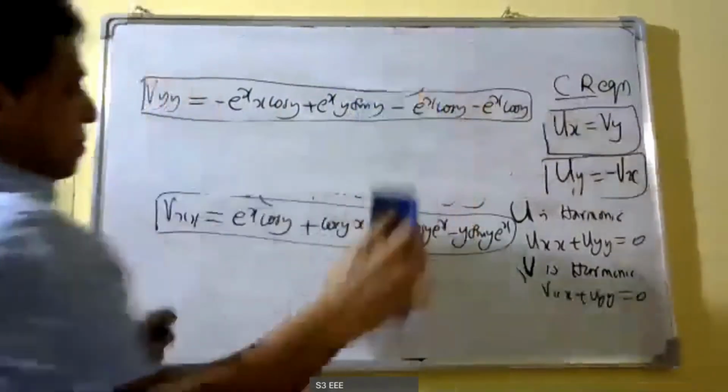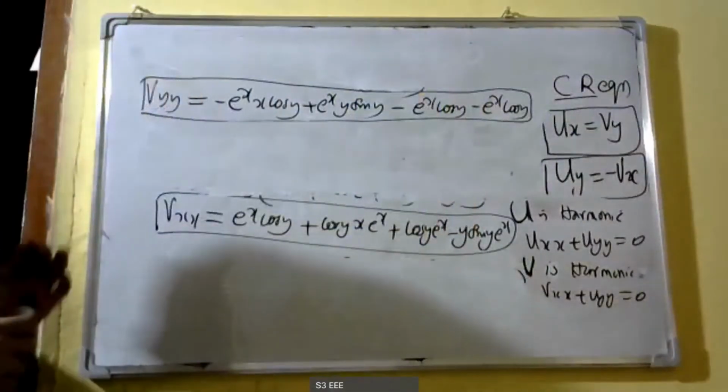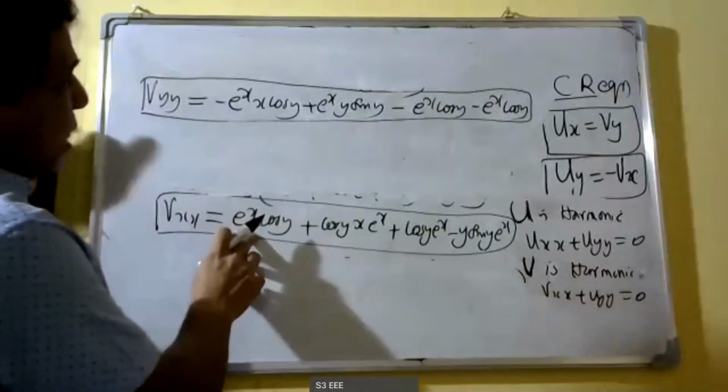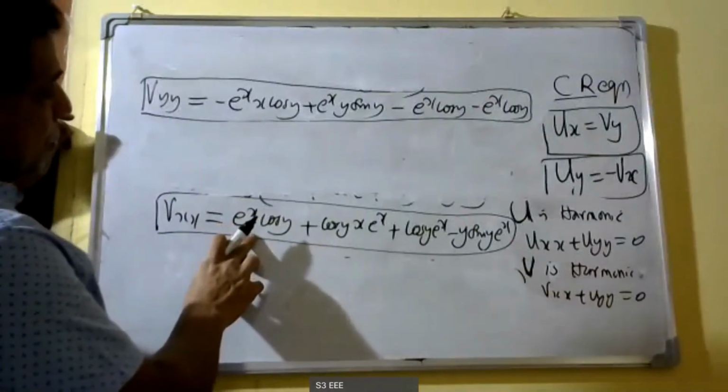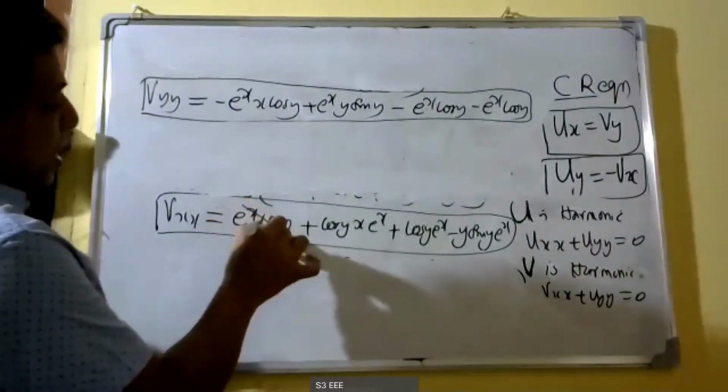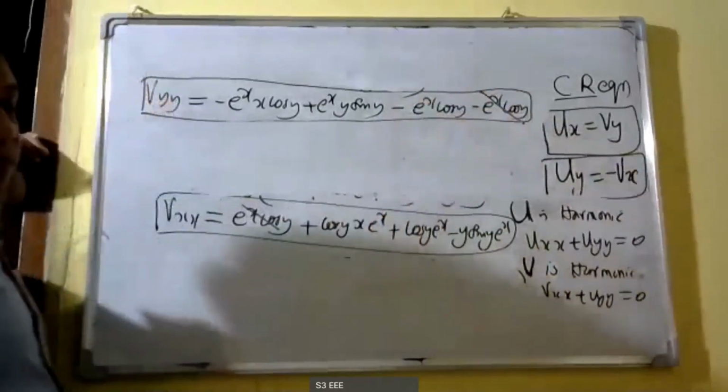When we are adding these two terms, here e raised to x cos y and e raised to x cos y cancel.